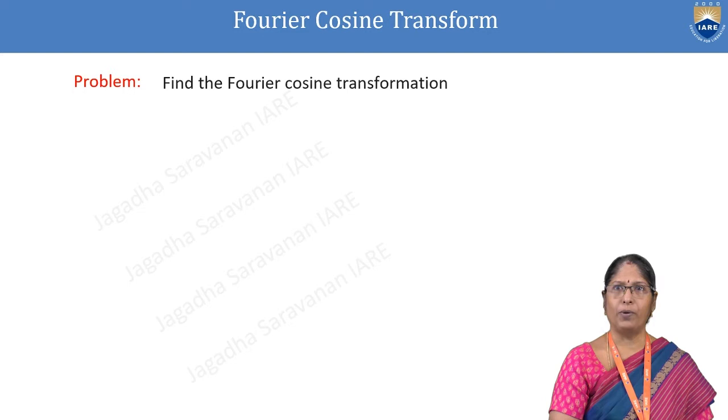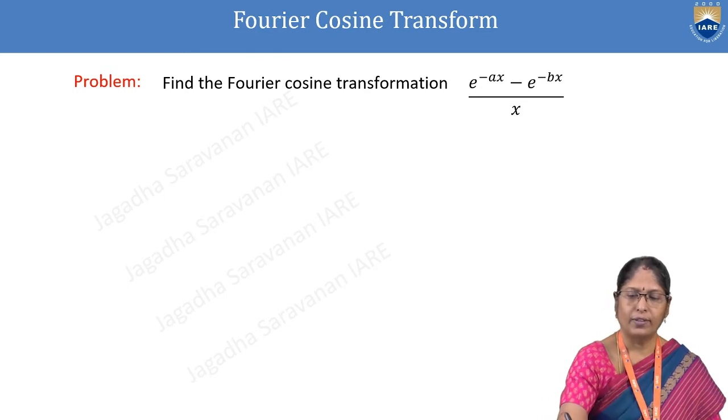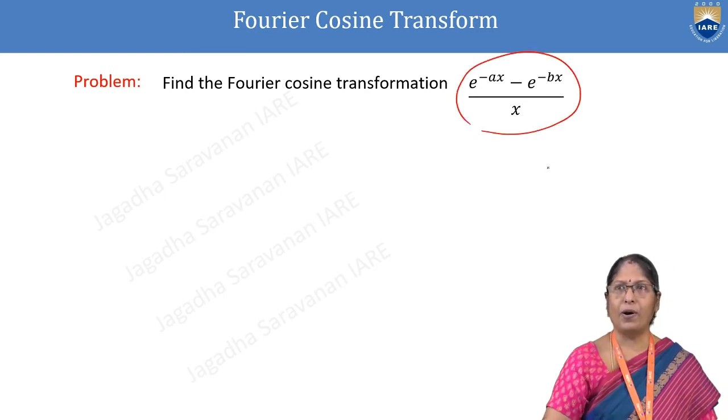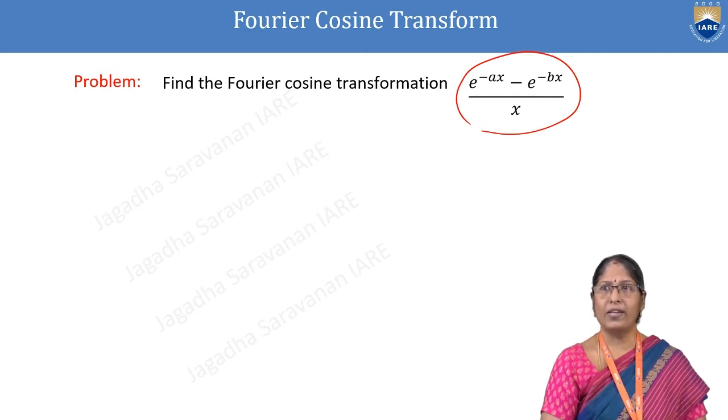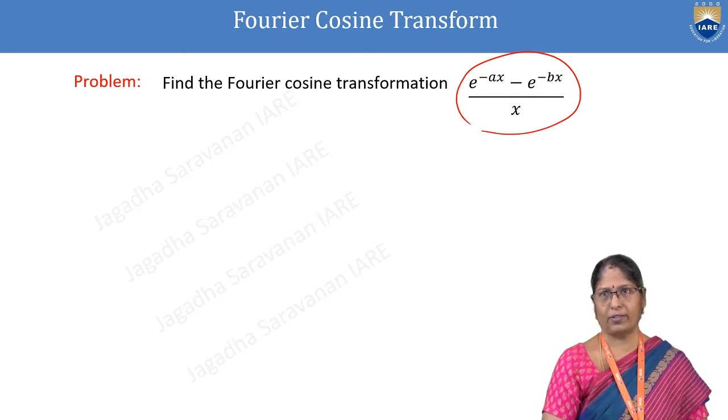The next problem: find the Fourier cosine transform of e power minus ax minus e power minus bx by x. This is the function for which we have to find the Fourier cosine transform.